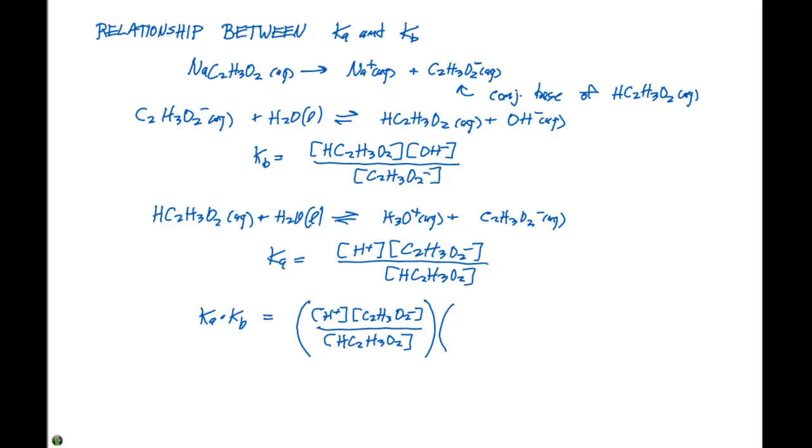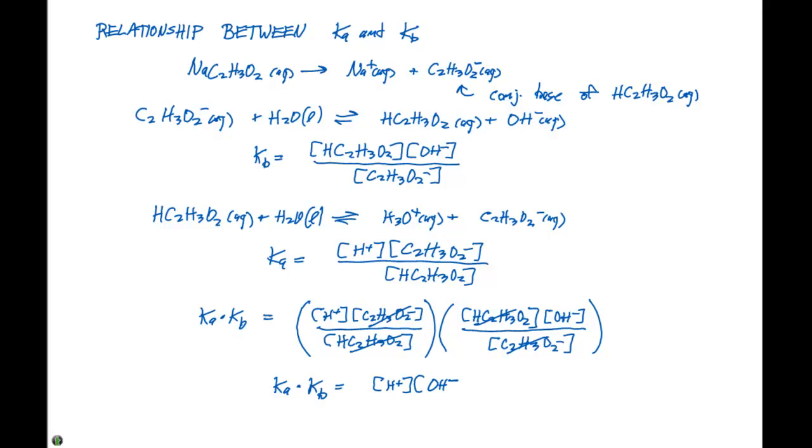Our Kb, on the other hand, is HC2H3O2 times the concentration of OH- divided by the concentration of C2H3O2-. If we look at these, some of these will cancel. Our acetic acid concentrations cancel, our acetate ion concentrations cancel, and we have Ka times Kb equal to H+ times OH-.